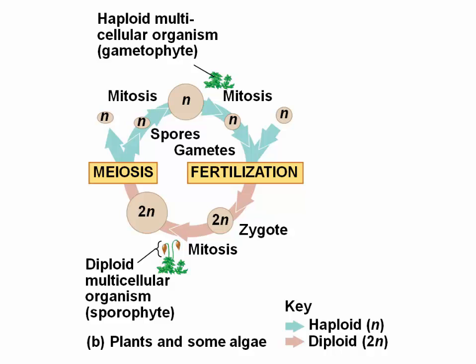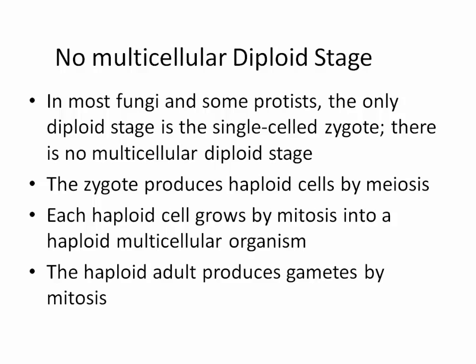So that's just in some plants and maybe some algae, but not in the rest of the kingdoms. In most fungi and some protists, the only diploid stage is the single-cell zygote. They have no multicellular diploid stage.